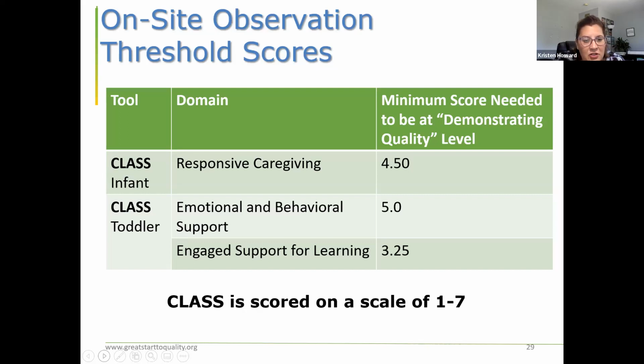And for the toddlers, your 2 domains: emotional and behavioral support, at least a score of a 5, and engaged support for learning, at least a 3.25. And CLASS is scored on a scale of 1 to 7. So you can see that those scores are very equitable and achievable. Again, you're doing a lot of these things already.